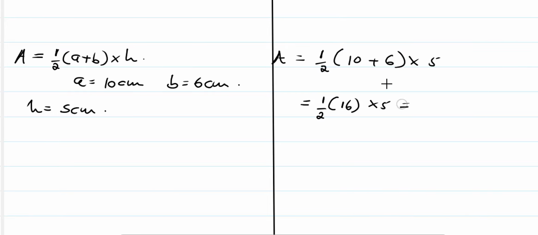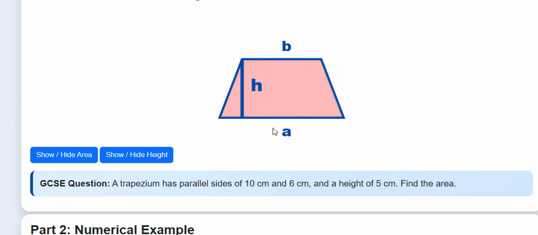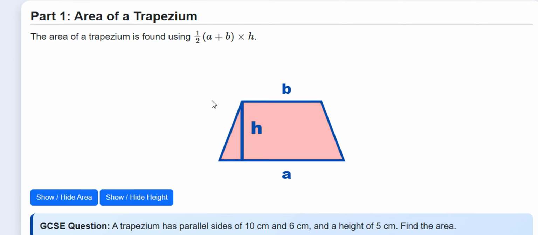Then we can open this bracket and divide by 2; 16 divided by 2 is 8. So now it becomes 8 multiplied by 5, which is 40 centimeters squared, and that becomes the area of this trapezium.